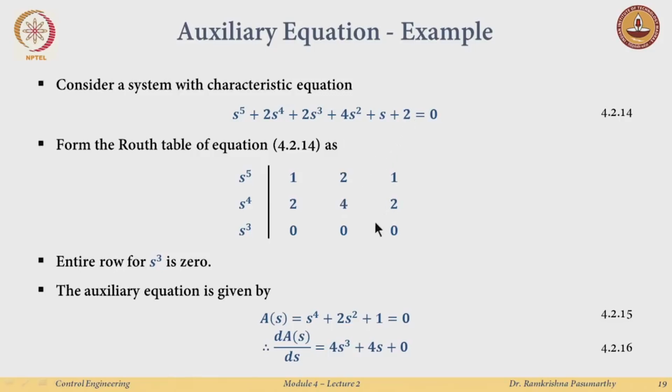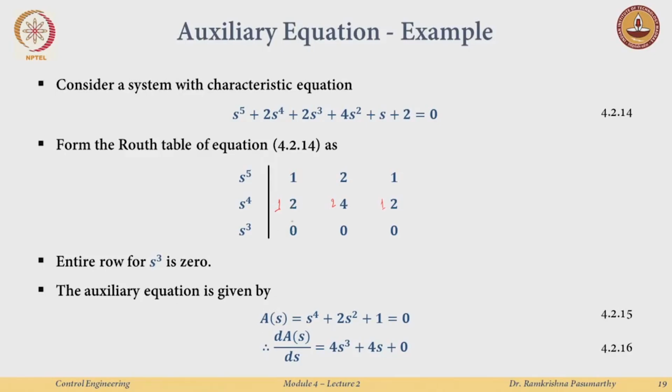So, whenever you have things like this, you could just divide this by its common factor. So, this could even be 1, 2 and 1. You can divide by 2, it will still be the same analysis. And you see that the rows are the same, and therefore, this entire row of S cube goes to 0. What do I do now? I first construct the auxiliary polynomial, that is in S4.